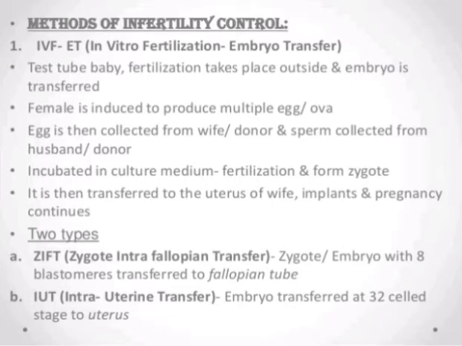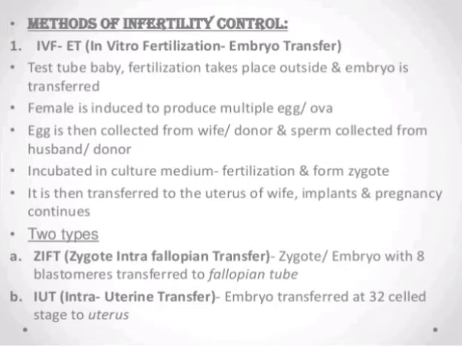Now the types of IVF. Basically there are two types of IVF. The first type is ZIFT, that is zygote intrafallopian transfer, and the second is IUT, that is intrauterine transfer. In zygote intrafallopian transfer, the zygote or embryo with up to 8 blastomeres is transferred to the fallopian tube.